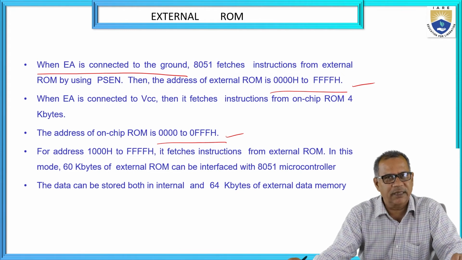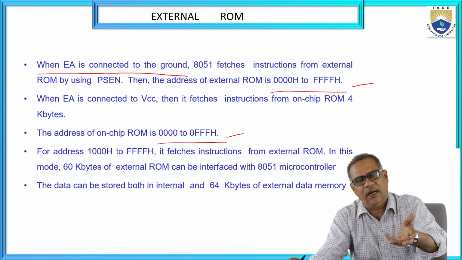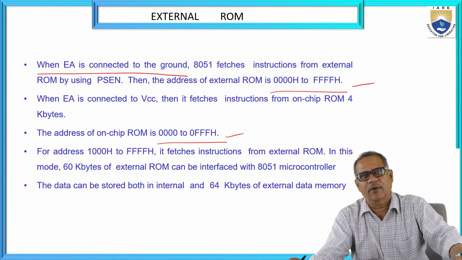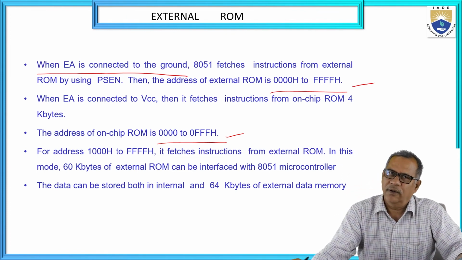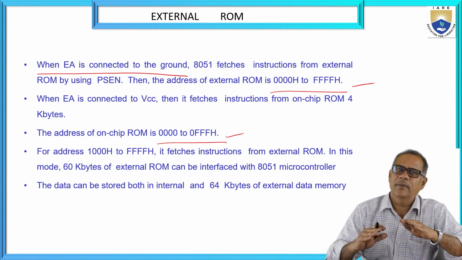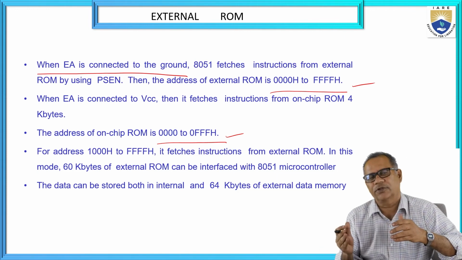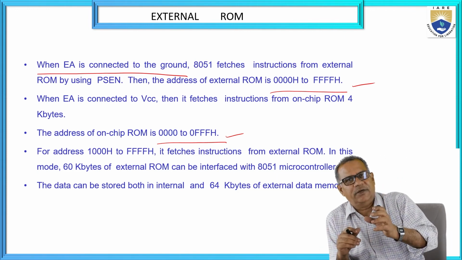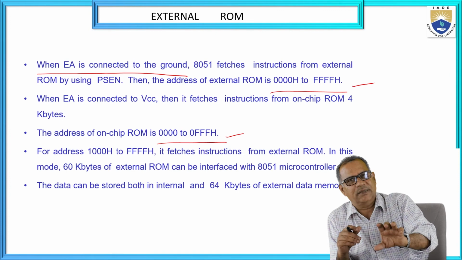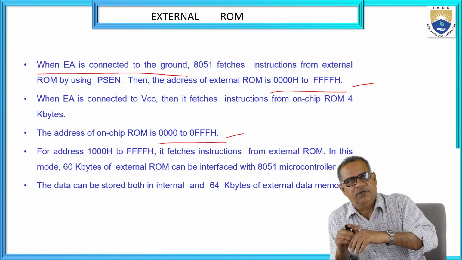So, if EA bar is connected to VCC, 4 kilobytes of internal ROM is used and 60 kilobytes of external ROM can be connected. But if EA bar is connected to ground, all memory is outside the microcontroller. Total 64 kilobytes are outside the microcontroller. But if EA bar is connected to VCC, 4 kilobytes are within the microcontroller and the remaining 60 kilobytes are outside the microcontroller.